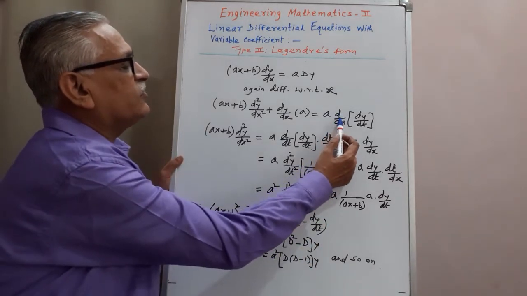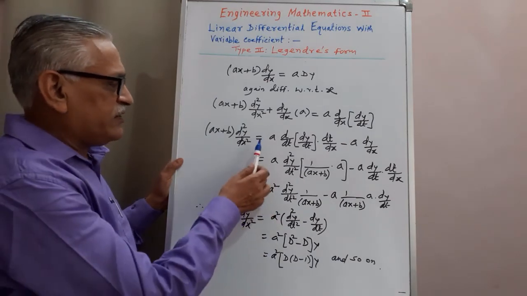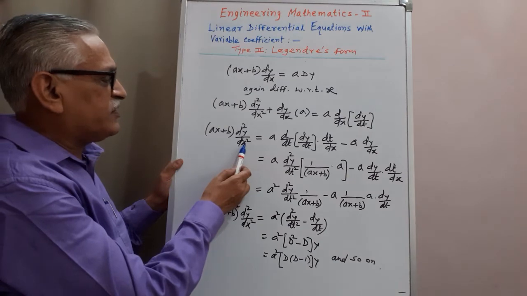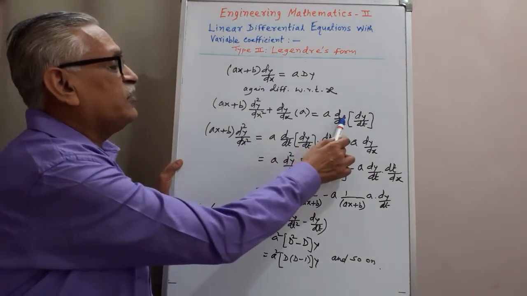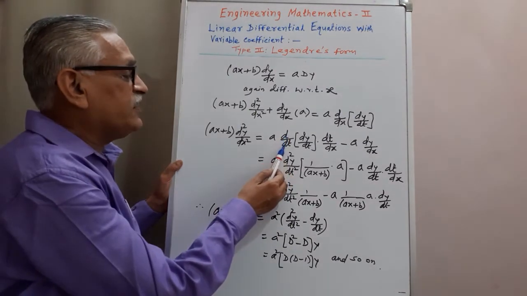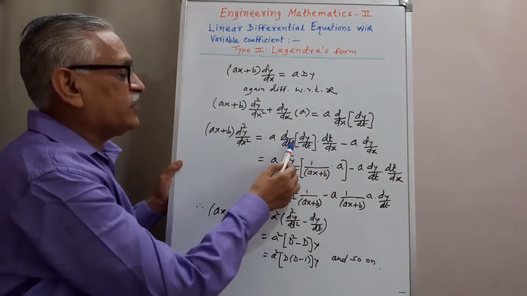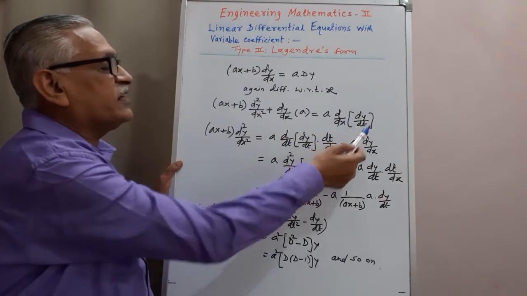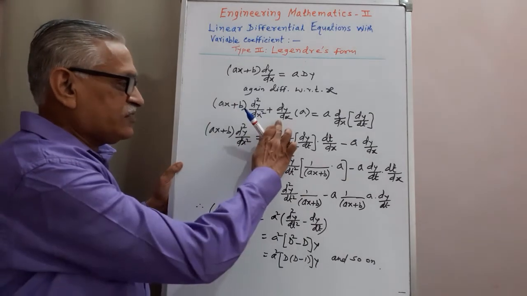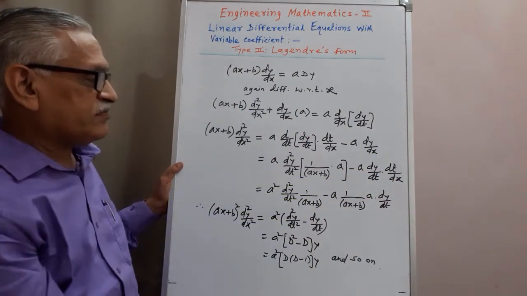Differentiating that with respect to x again, we get (ax+b) d2y/dx^2 as it is. This d/dx of dy/dt we rewrite as d/dt of dy/dt into dt/dx, so that this dt gets cancelled. Then transferring this to the right-hand side, we get minus a dy/dx.